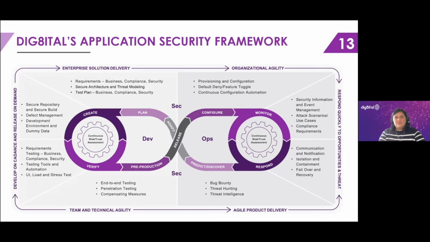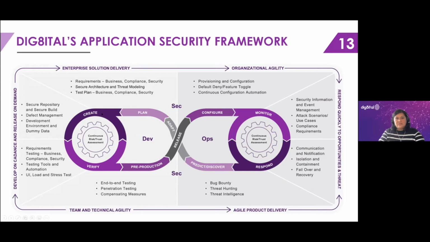You get that from your threat modeling and from your secure architecture practices as well. You need to develop as early as the design or planning phase the test plan. How do you test eventually that you have achieved the business requirements, the compliance requirements and the security requirements?